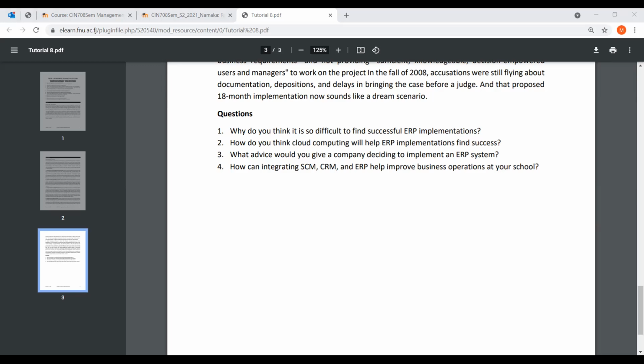Next question. How do you think cloud computing will help ERP implementations find success? So we'll put those in points. First point, easy accessibility.